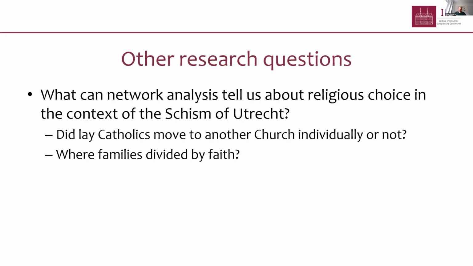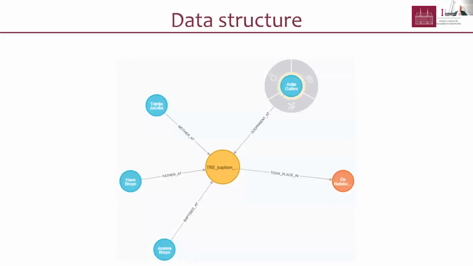In order to answer these questions, a different type of network needed to be created. So yet again, the data I created needed to be transformed. Here again, back to the graph database, where you have networks comprising three types of nodes.